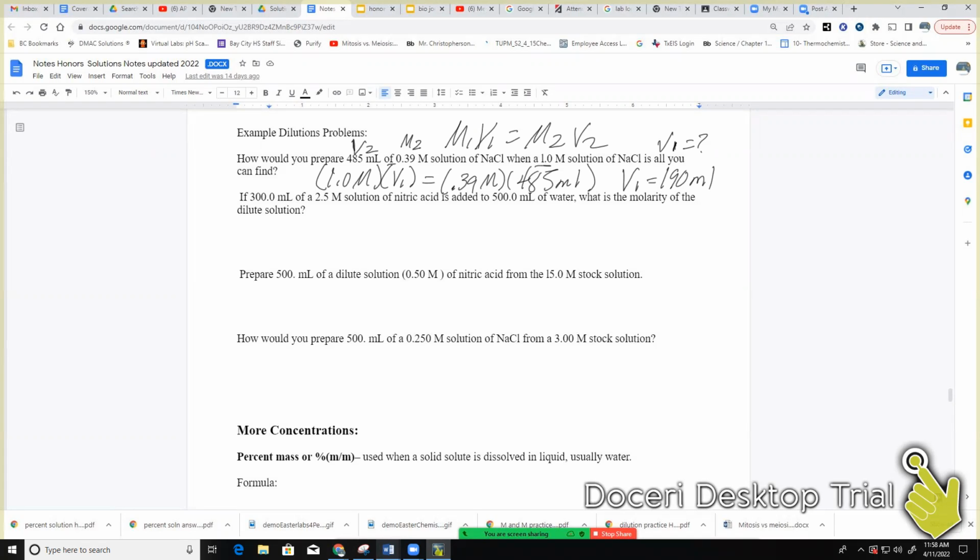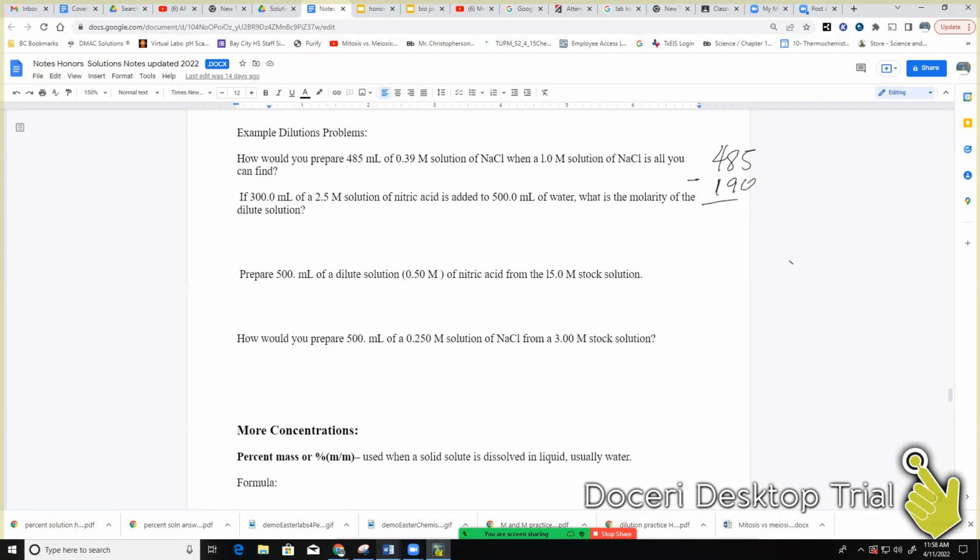If this went on to ask you how much water you had to use as your solvent, how would you figure that out? Yeah, I would take my V2, which was my 485, and subtract my 190. And that difference would tell me how much water I used.